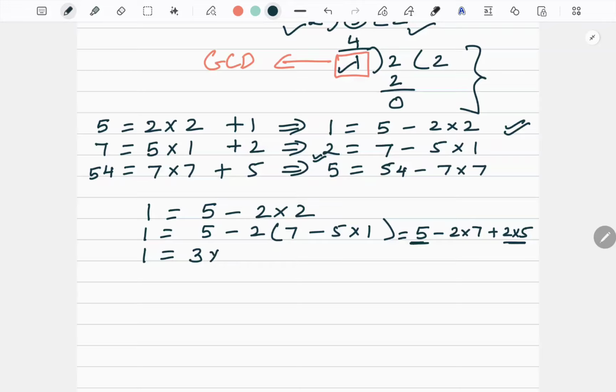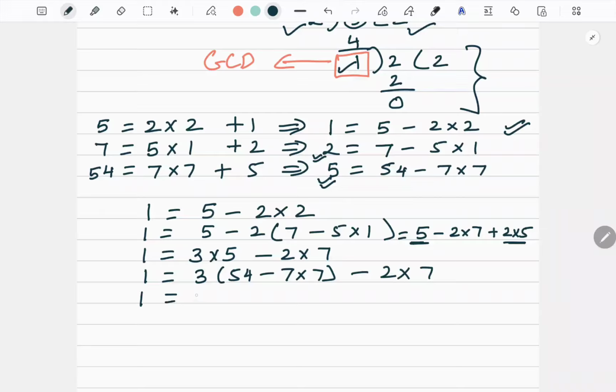So I'll write 3 5 minus 2 into 7. Now in the next expression you have 5. So replace this 5. So 1 is equal to 3 into 54 minus 7 into 7 minus 2 into 7. Right? So 1 is equal to 3 into 54. Okay?